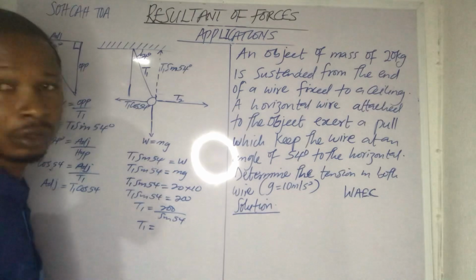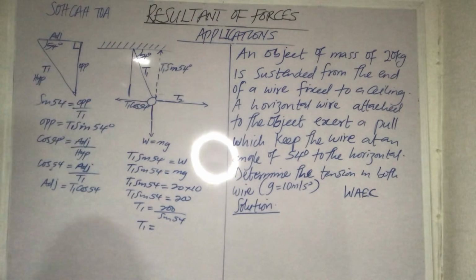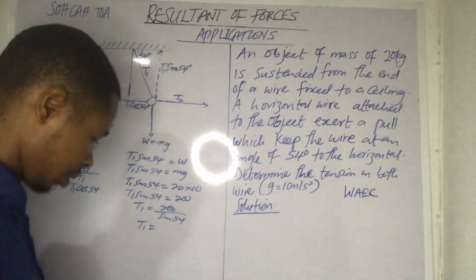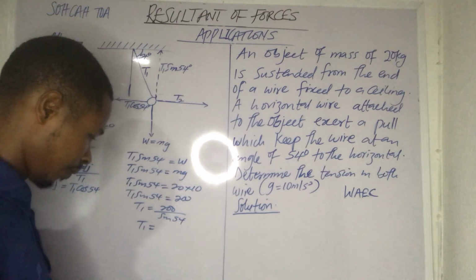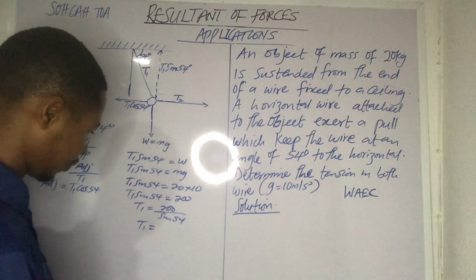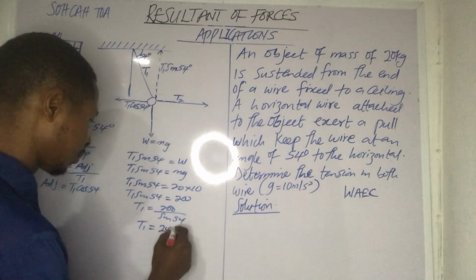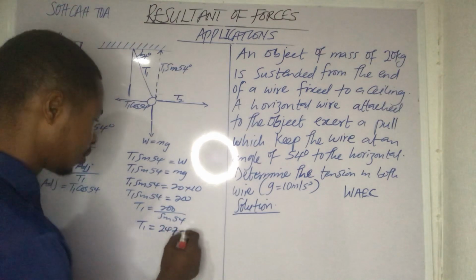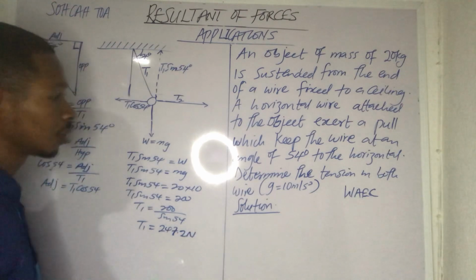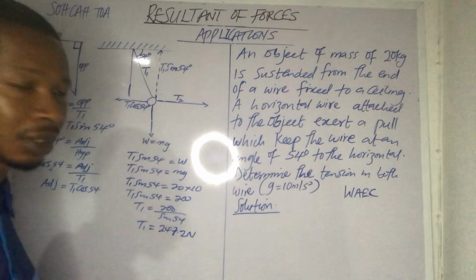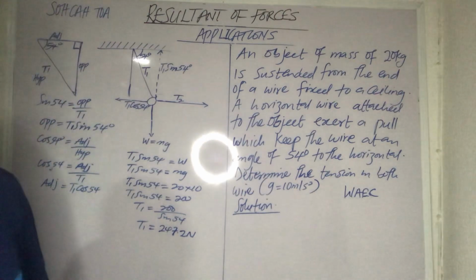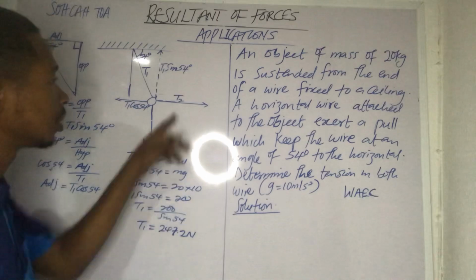You have 200 divided by sine 54. That will give me 247.2 Newton. So the tension in the first string is 247.2 Newton.